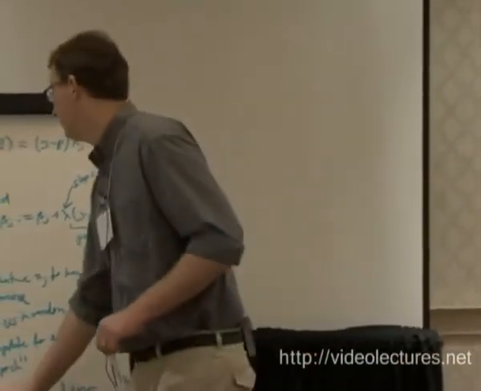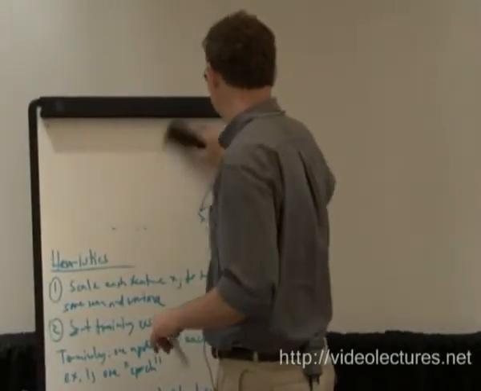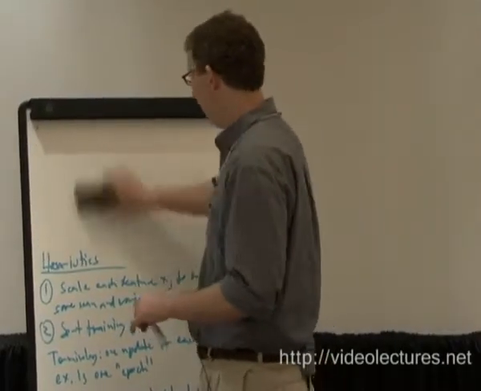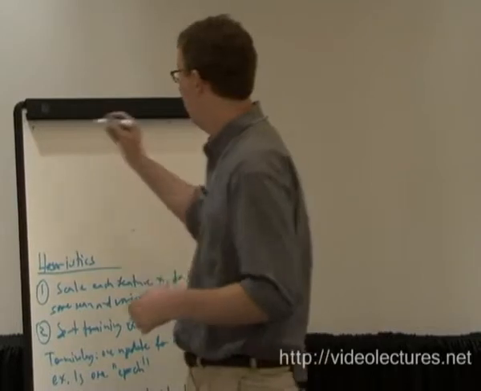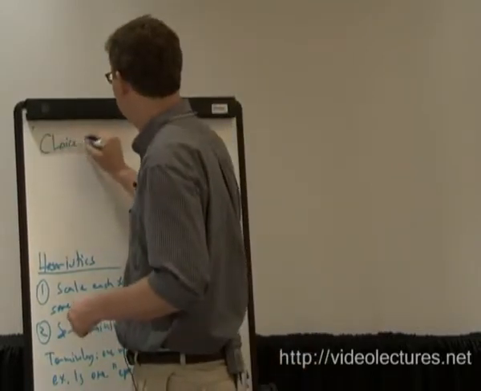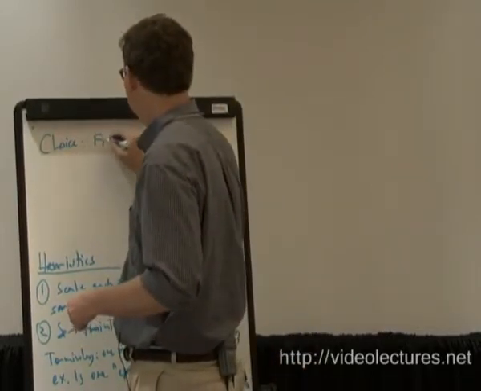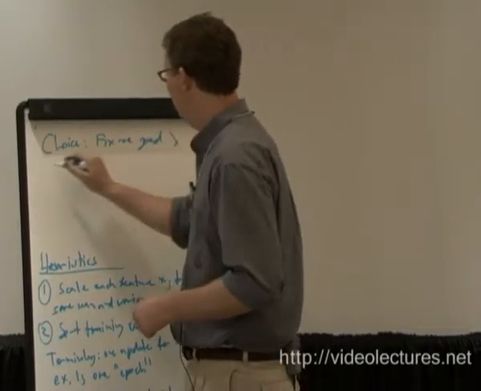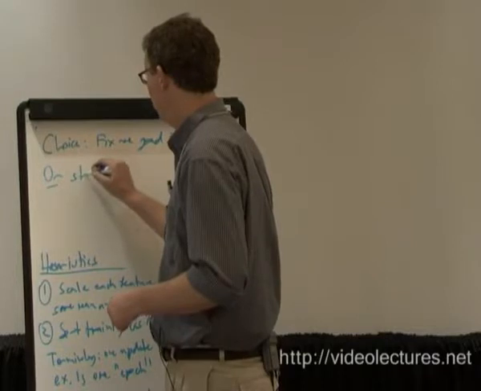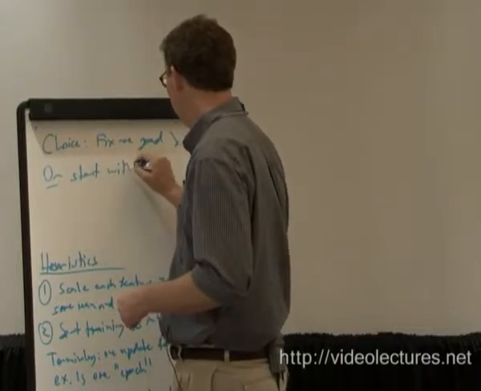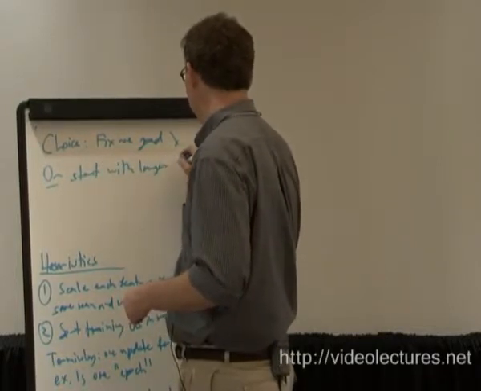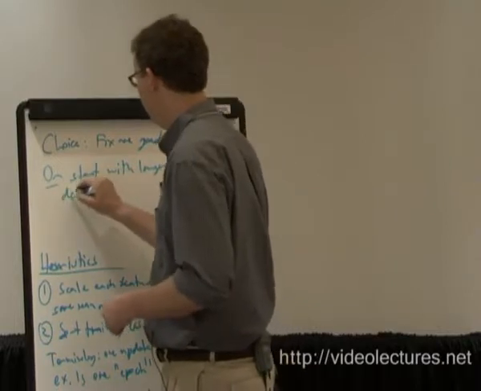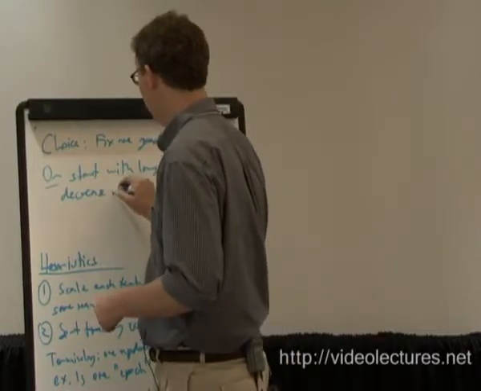Okay. So fourth heuristic. So actually, you have a choice. Fix one good lambda, or start with larger lambda and then decrease regularly.